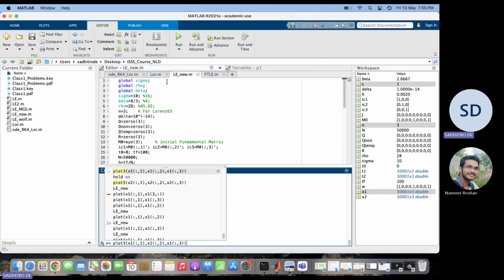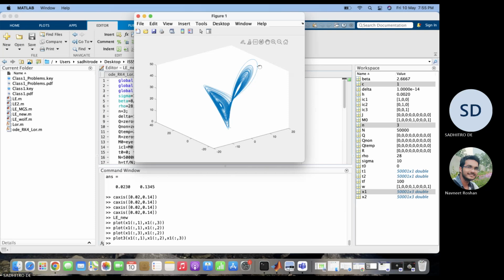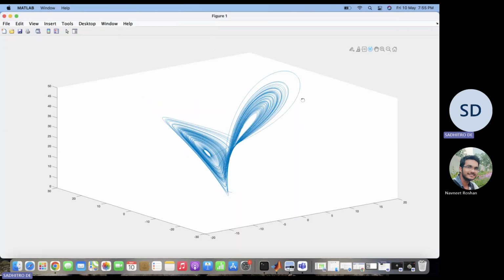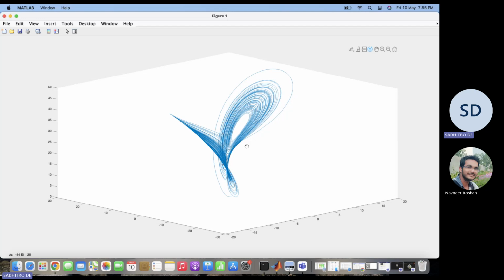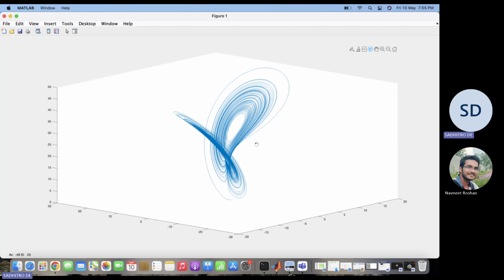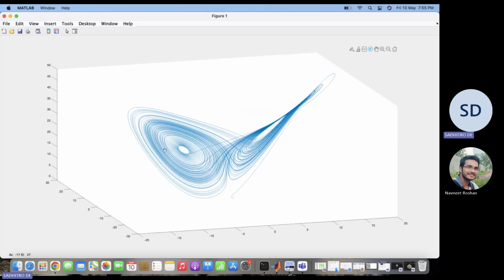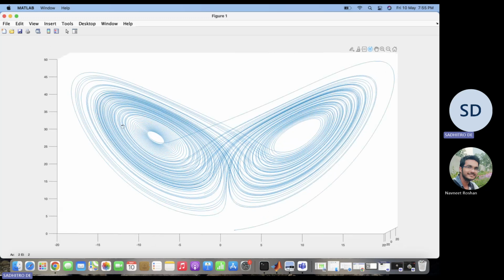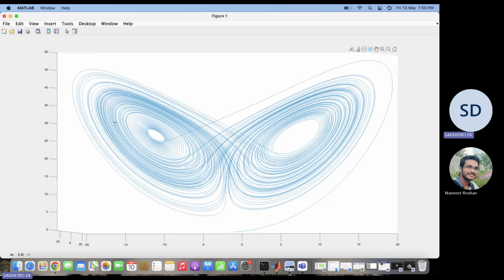So that is what we do now. You see now we are able to visualize this picture in 3 dimensions. I can move this picture around for you to see. So this is basically the visualization which we saw a few minutes earlier. This was the XZ plane.